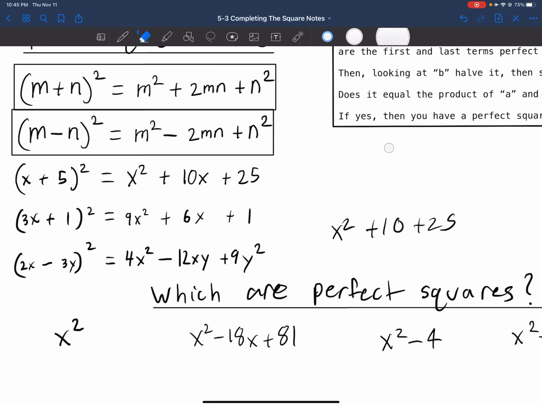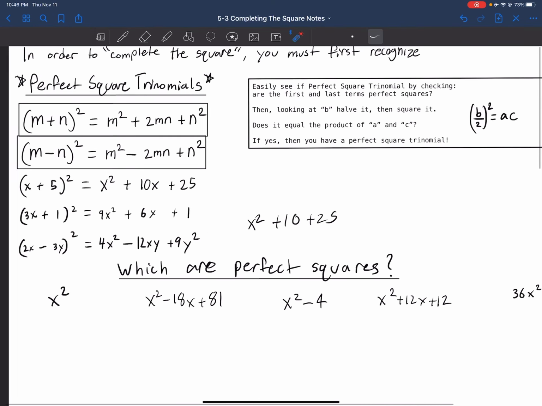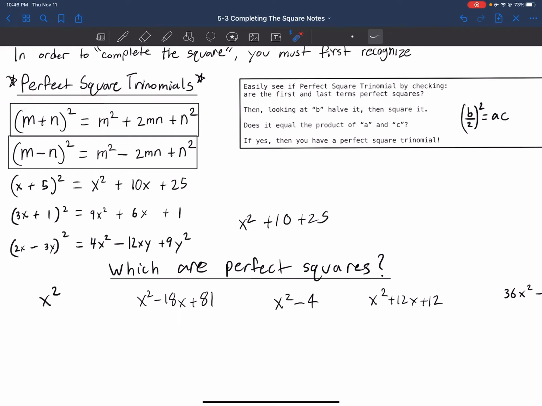As long as it's in the form of a perfect square trinomial, which I'll shorten to PST, then I can write it in its binomial squared form, which is super useful for factoring when you just want to square root something.